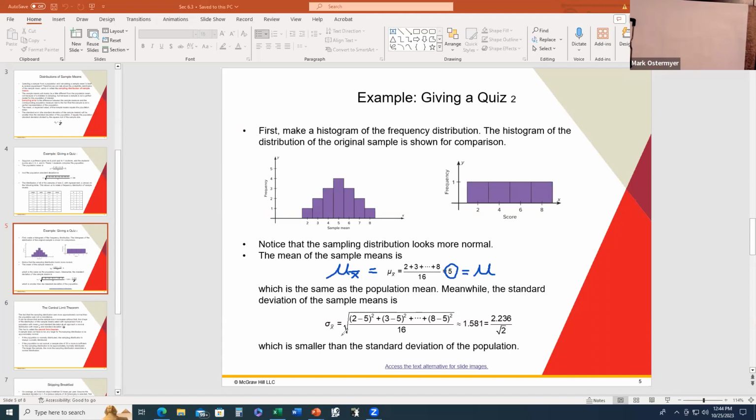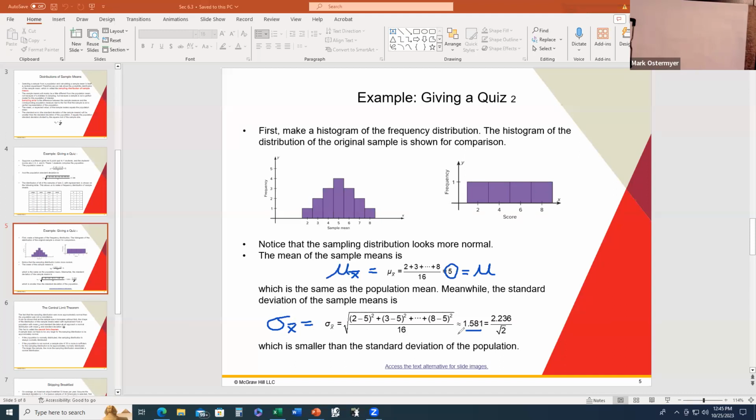Furthermore, let's look at the standard deviation of all these 16 sample means. When running it through the formula, we come up with this for the standard error. This is called the standard error, ladies and gentlemen, lowercase sigma sub x bar. This is the standard deviation of all the sample means. It's called the standard error of the sampling distribution of all sample means of all samples of size 2 extracted from the parent population.